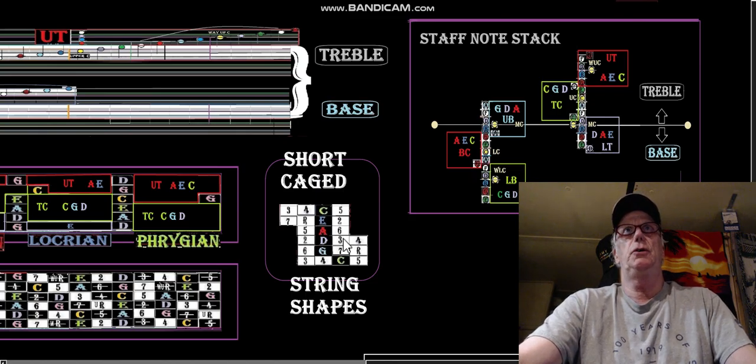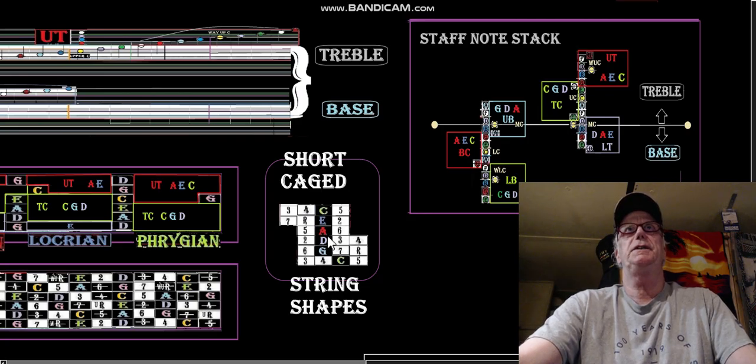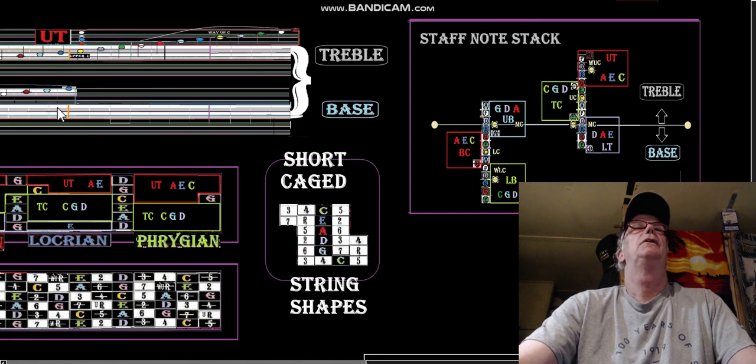That's our good old S, our good old 7L, 7 and L there, our good old S3D. But now we're going to call it D, A, and E on the lower treble clef.